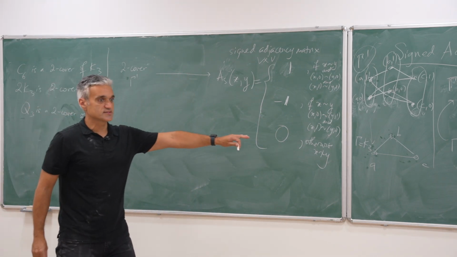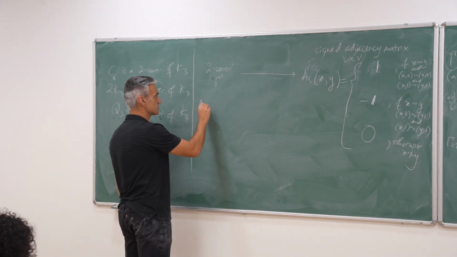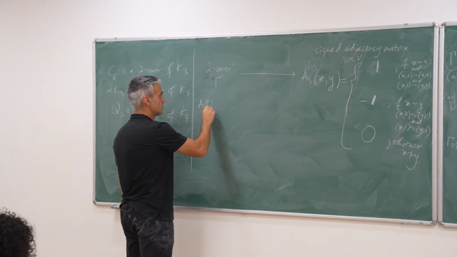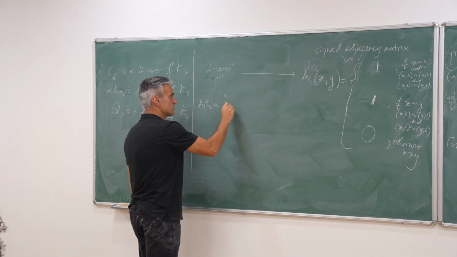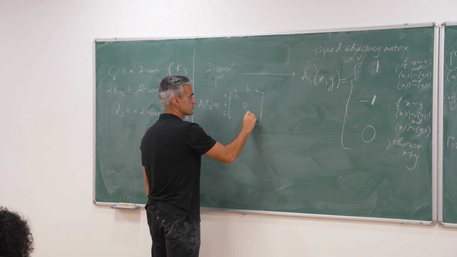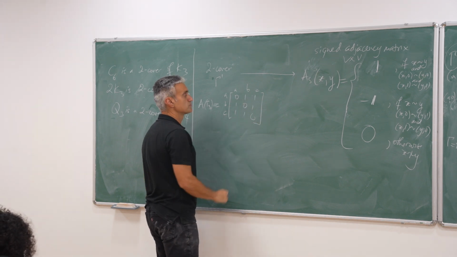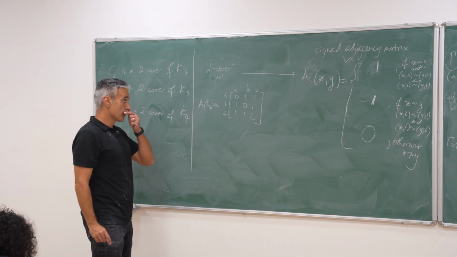Okay, so let's do an example here. For K3, for this adjacency matrix of K3, let me label them A, B, C, A, B, C, and you know what it is, 0, 1, 1, 1, 0, 1, 1, 1, 0. Okay, this is the adjacency matrix.